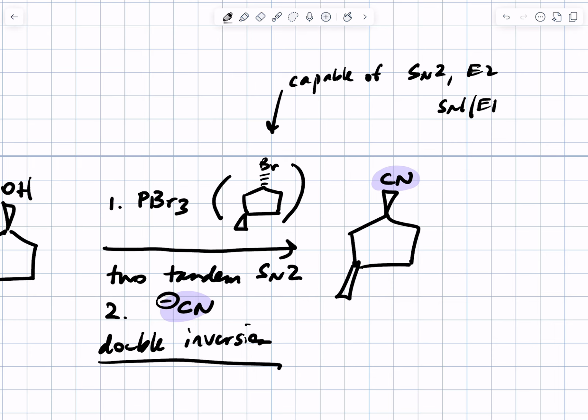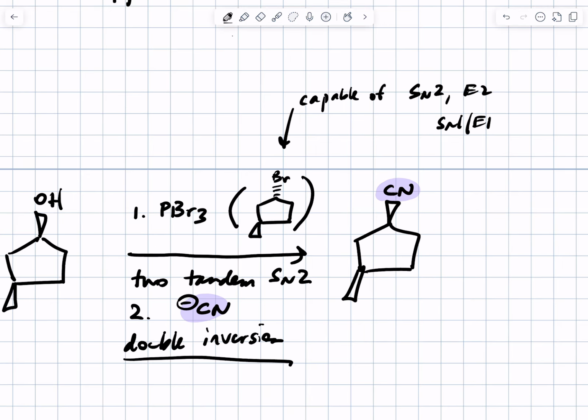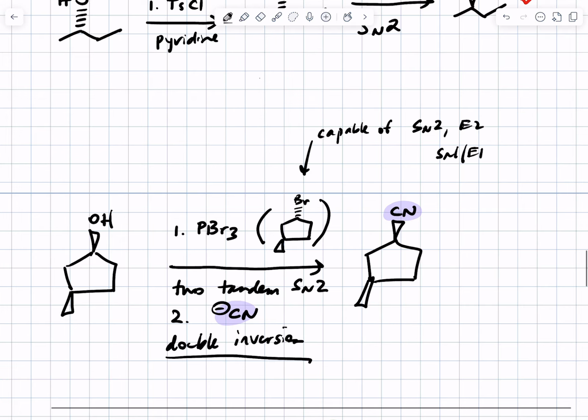Got it. So like on the test, then you could do that, and what are the possible products? That's right. What are the possible products? Now again, in a synthesis sense, you're going to try to avoid problems like that.